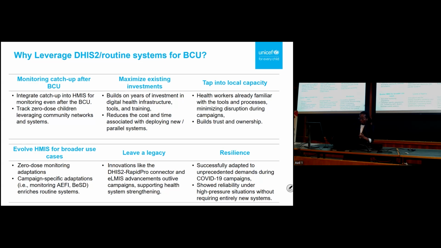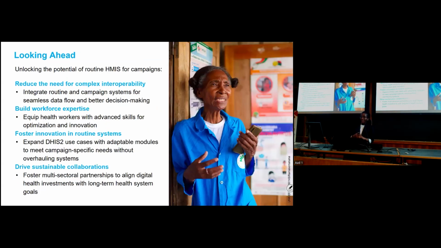Yeah, so that's that. And then looking ahead, we are seeing that the capacity of countries to integrate systems still has gaps, at least from some of the reports that we're seeing. So sometimes there's really no need to do the complex interoperability where the capacity is not there.